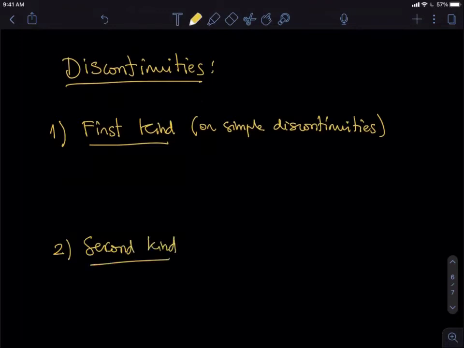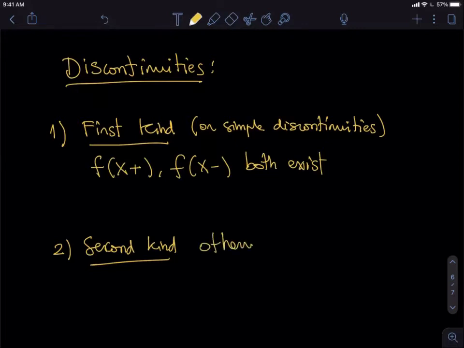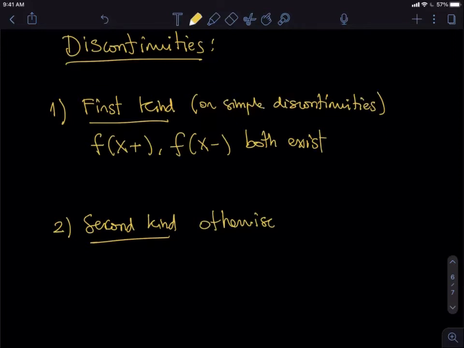In the first kind, the lateral limits, the limits from the right and from the left, both exist. The second kind is otherwise, meaning that either of the limits doesn't exist or things like that.